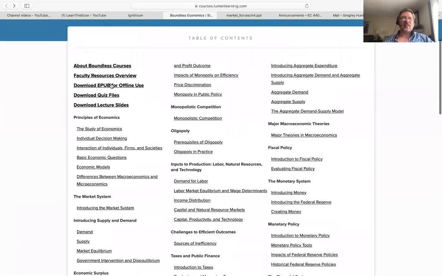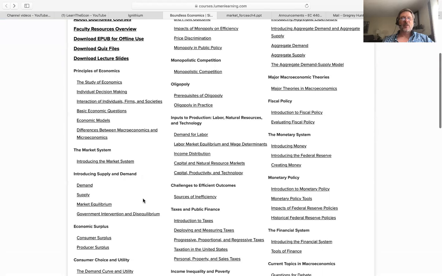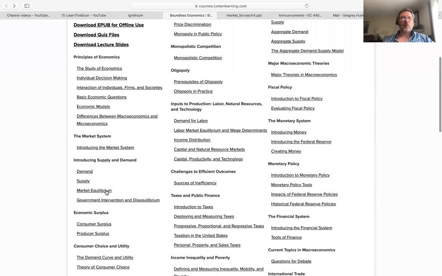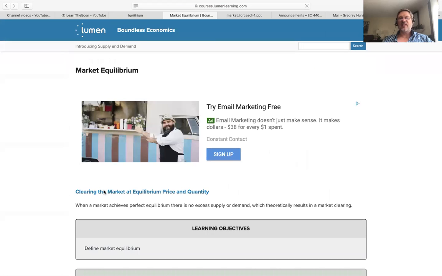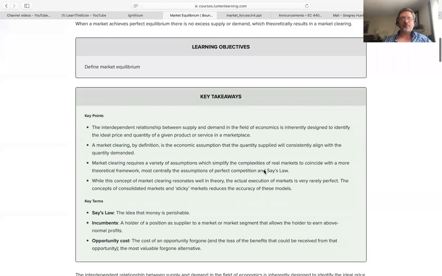And again, you guys can download a PDF of this, and the sections are labeled, even though they're not like chapter 1, chapter 2. So right now we're starting market equilibrium, and the lecture slides that I'm going to show you guys in a minute aren't taken directly from this material, but it's very similar, and I wanted to point out some of those similarities to you.